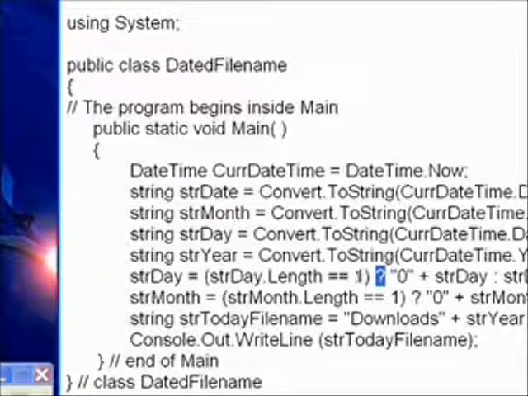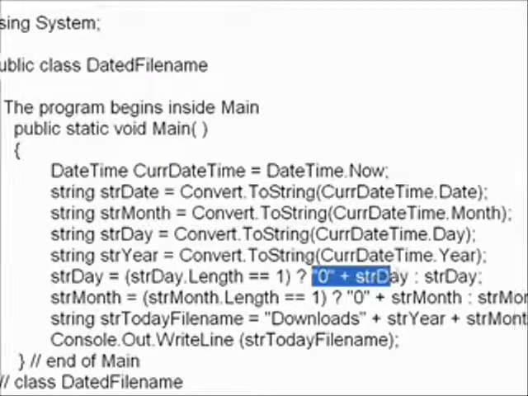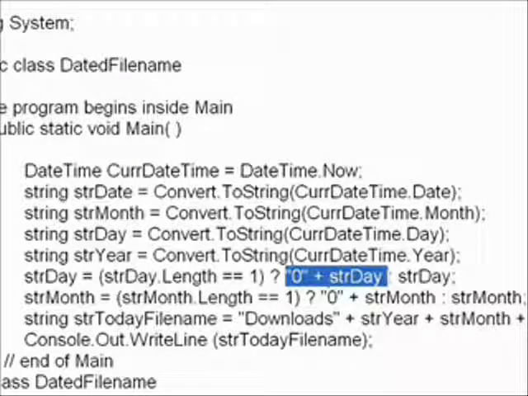And then the first thing after the question mark is what we do if this statement is true. So if it is equal to 1, we take a 0, which is a literal 0 delimited by quotation marks, and we concatenate the number. So this will be 01, 02, and so on.